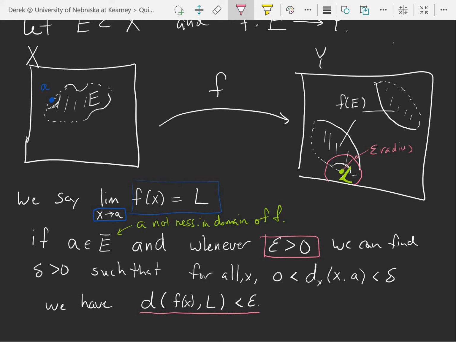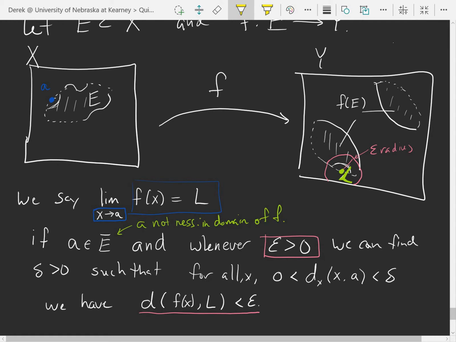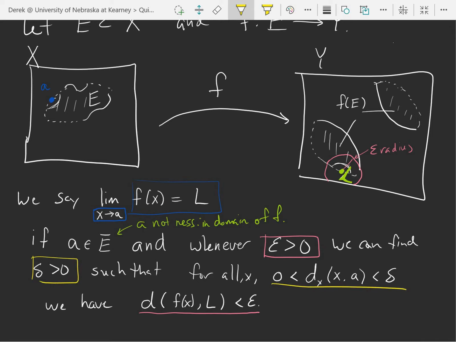And then I want to know that if, let's go with a yellow, a delta thing, if my input values are close enough together, the output values lie within that pink circle.